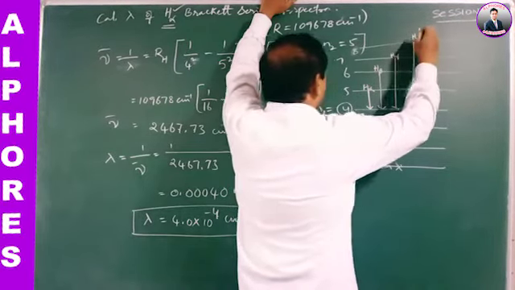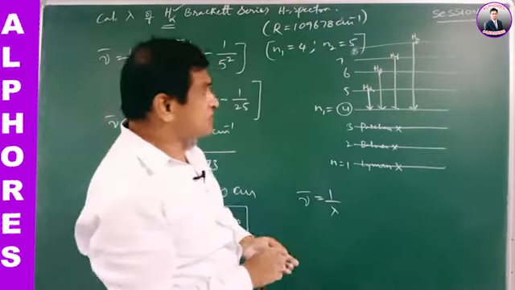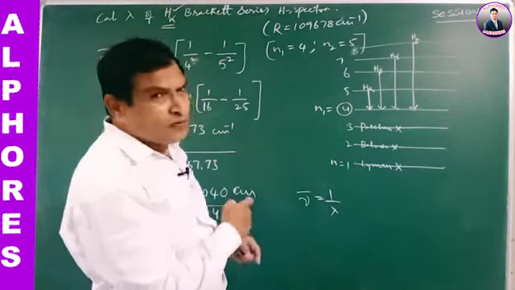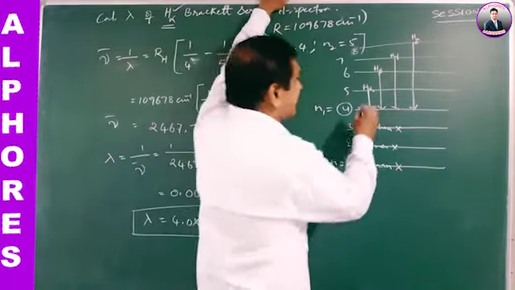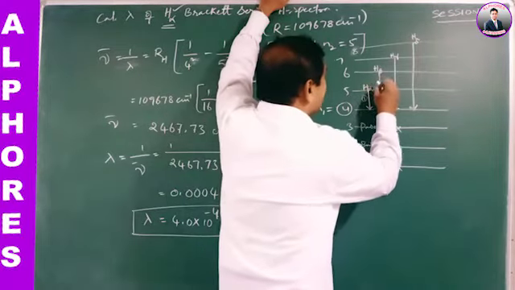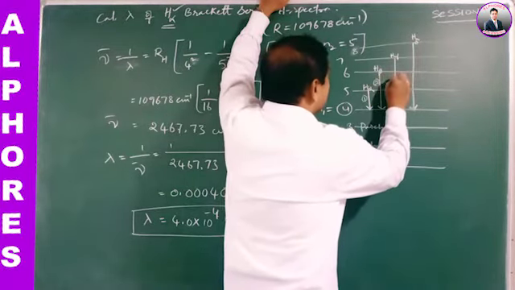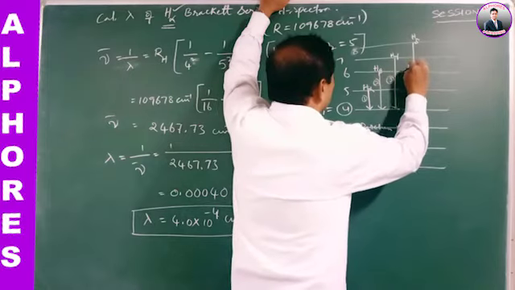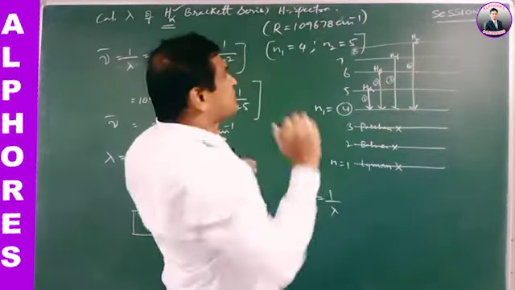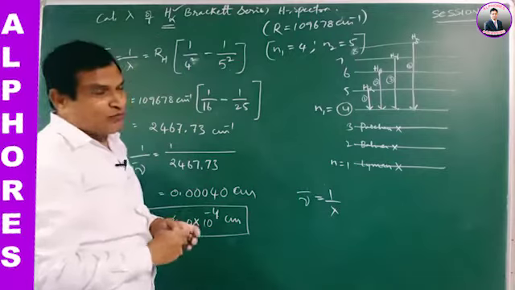These are the various spectral lines in the Brackett series, which we are discussing. So this is the first line, second line, third line and fourth line.